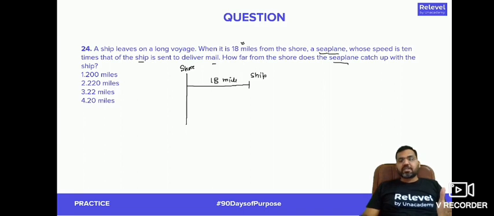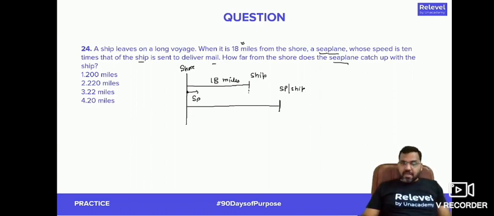Now, when the ship is 18 miles away from the shore, from this point, a seaplane started moving towards the ship to deliver the mail. And we are supposed to find out how far from the shore does the seaplane catch up with the ship. That means we are supposed to find out this distance where seaplane and ship are at the same point.